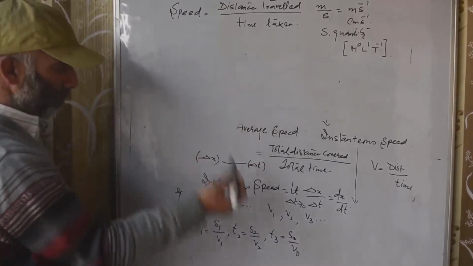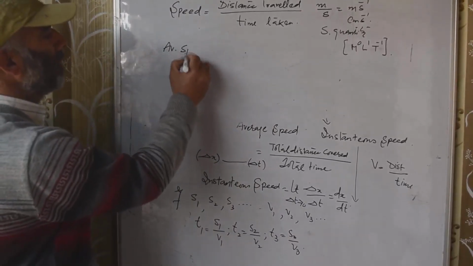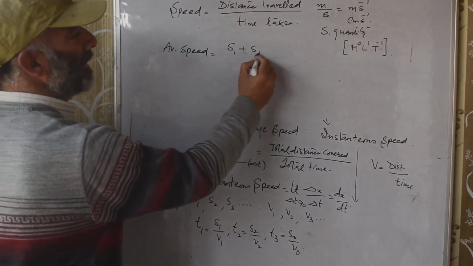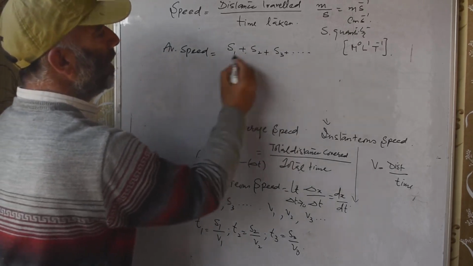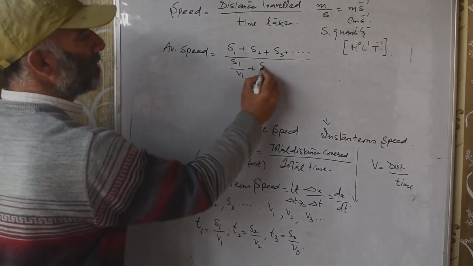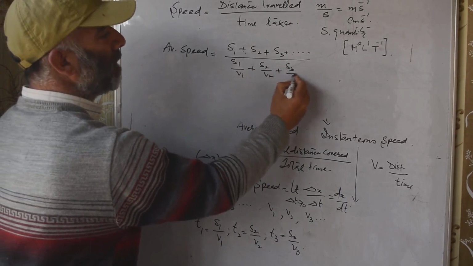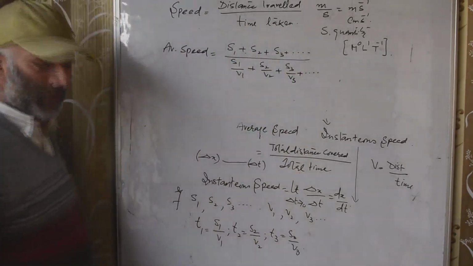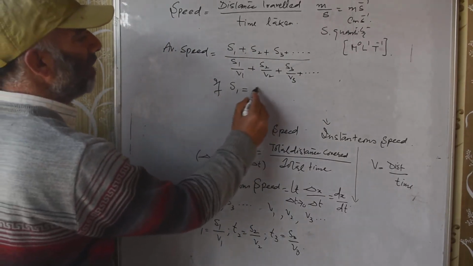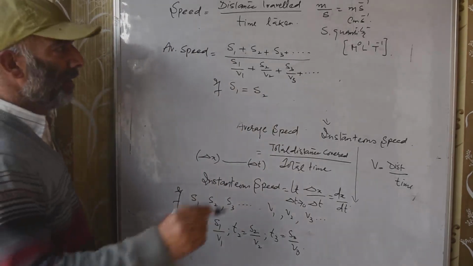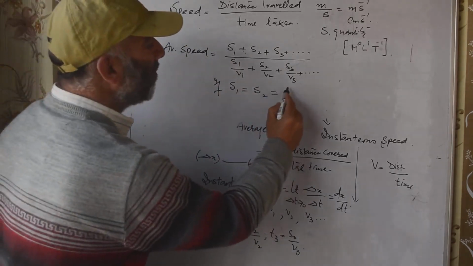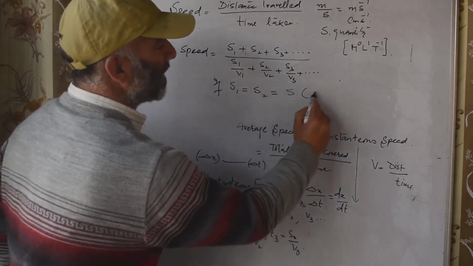So the average speed in this condition will be equal to total distance, that is S1 plus S2 plus S3 and so on, divided by total time, that is S1 by V1 plus S2 by V2 plus S3 by V3 and so on. In this case, if S1 is equal to S2, that is, if the same distances are covered by the particle with different velocities, S1 equals S2 equals S, say.